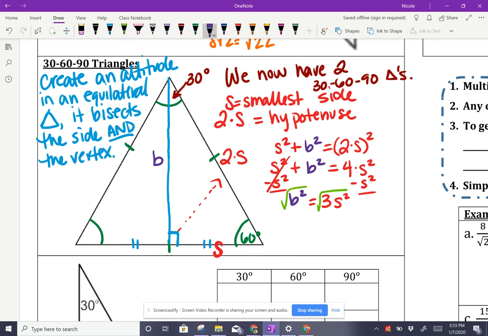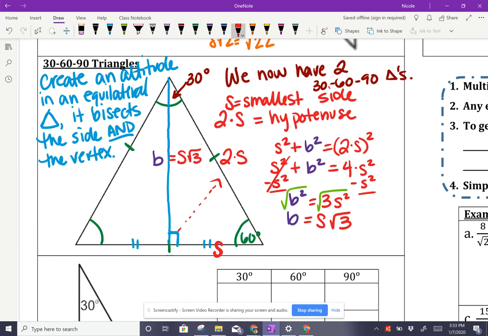When I square root both sides, it gets rid of the square on the S. The 3 doesn't disappear; it doesn't simplify with the square root. So B is going to be equal to S root 3.